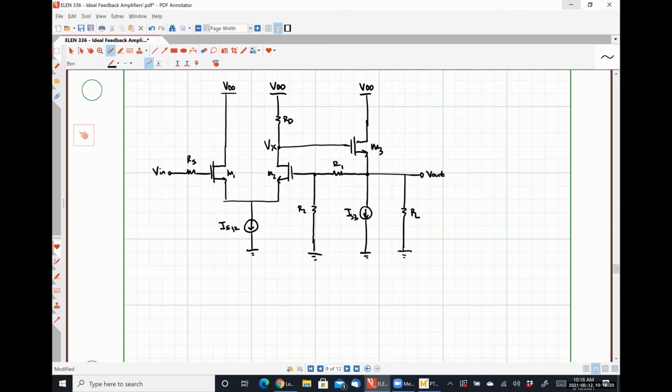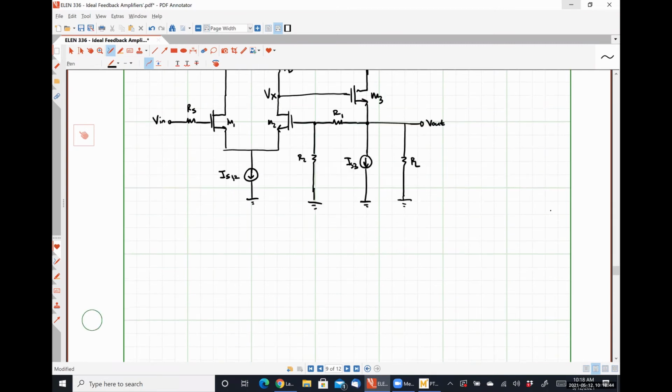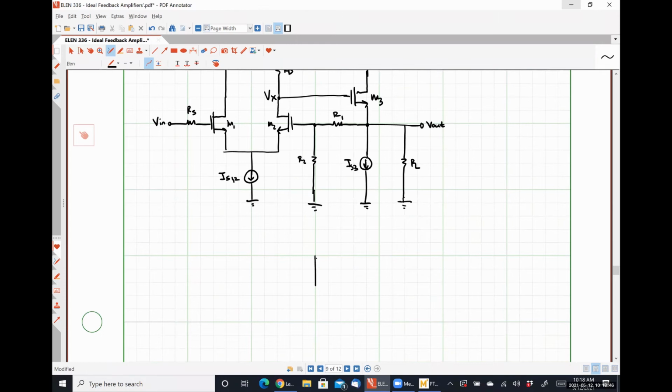So that's just cascading two amplifiers together. So our feedback is effectively connected across both amplifiers, as opposed to having a feedback network for amplifier 1 and a feedback network for amplifier 2, which is what we saw most of the time back in circuits 2. So what I'm saying is that we have something like this.